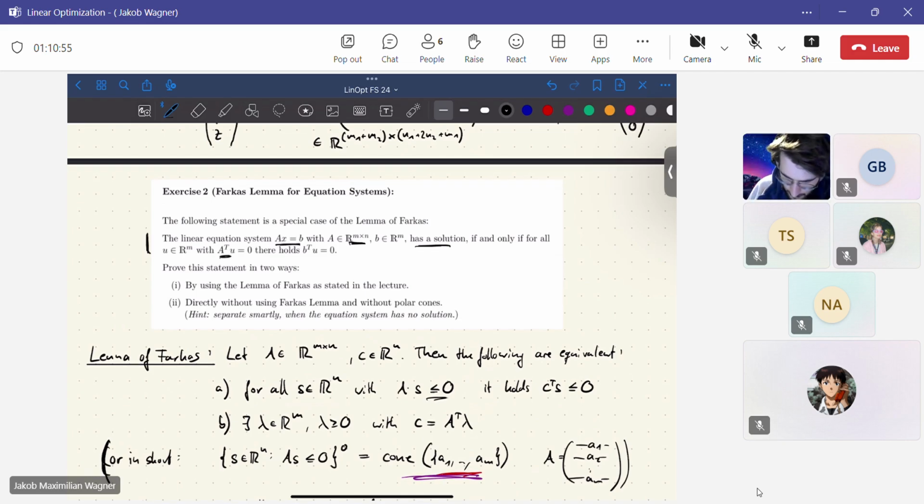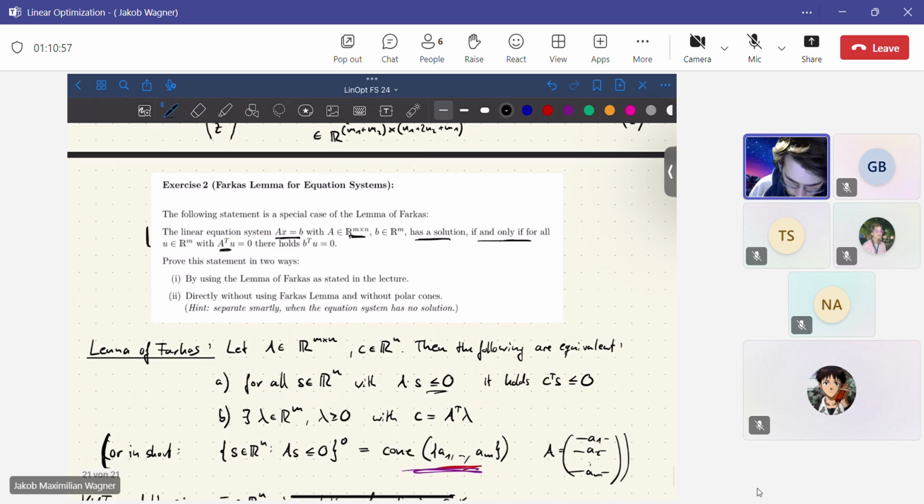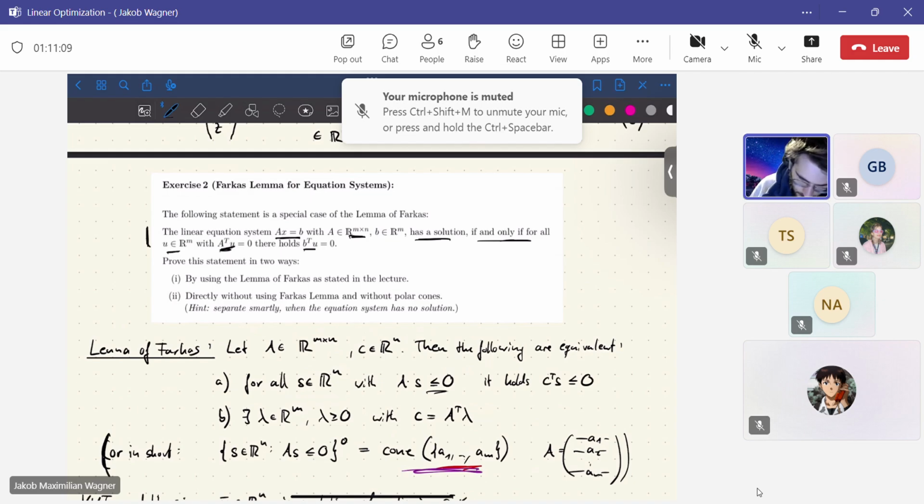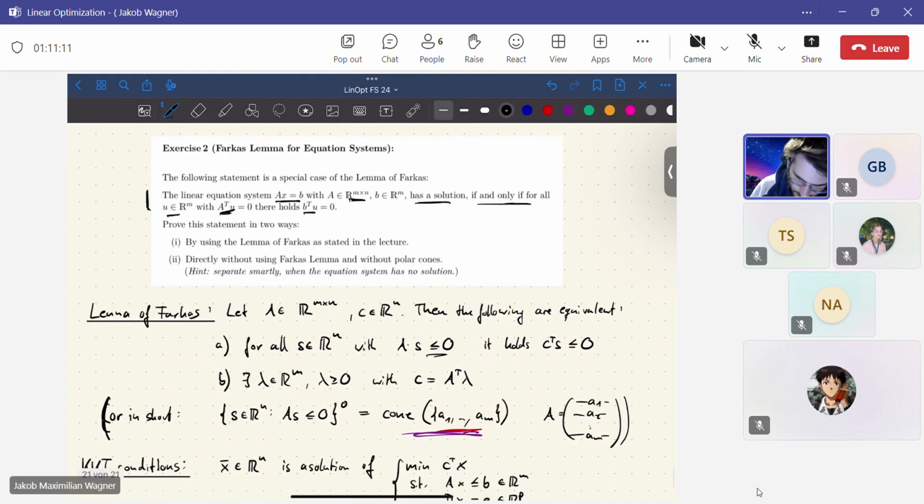So if and only if for all u in R^m that satisfy that A transpose u is equal to 0, then also b transpose u is equal to 0. And we should show this in two different ways. So first with the lemma of Farkas from the lecture, and then again using some separation theorems that we also used in order to show the original lemma.